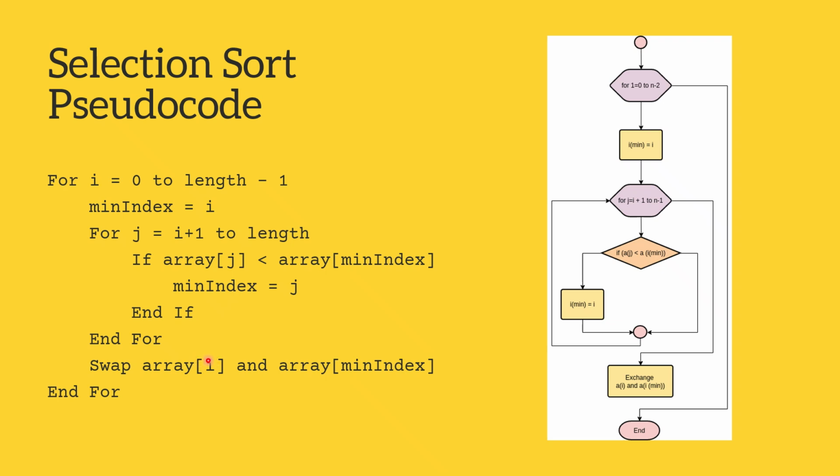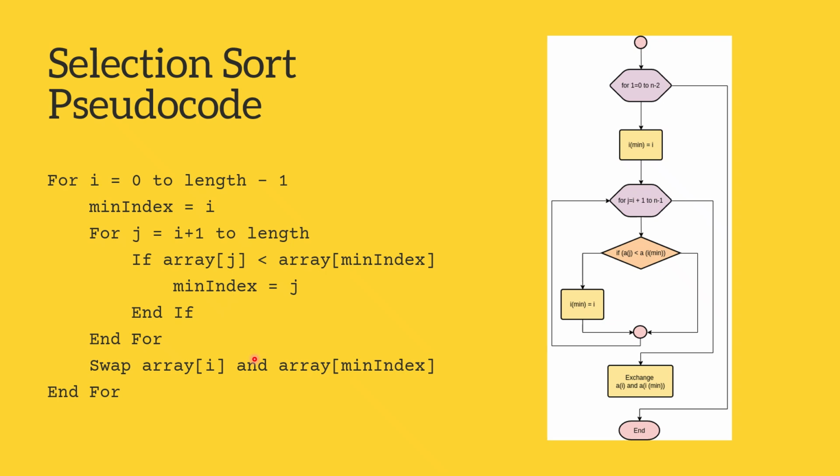That's the key operation. It locks one more element into its final sorted position. Once the swap is done, the first element is in the correct position, and then the algorithm repeats for the next position.